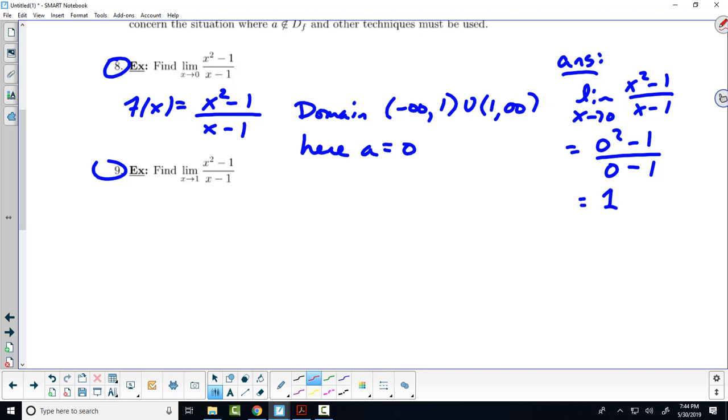Now, this is very important. You don't have to write this out for me, but it needs to be completely apparent to me what you just did. What did I do from this line to this line? Direct substitution. That's what I'm looking for. I applied the direct substitution property.